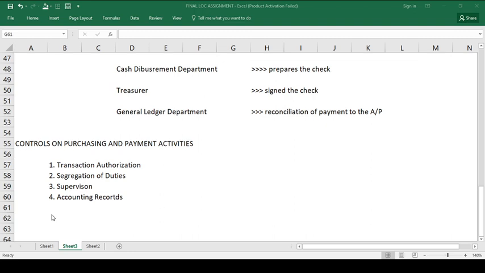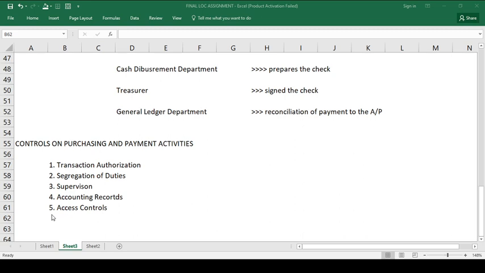Okay, and then another is access controls. Dapat the controls on the preparation of check, on the preparation of requisition form, on the preparation of the purchase order are limited to those authorized only.